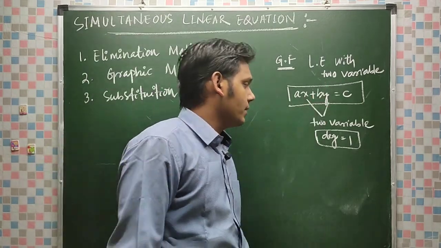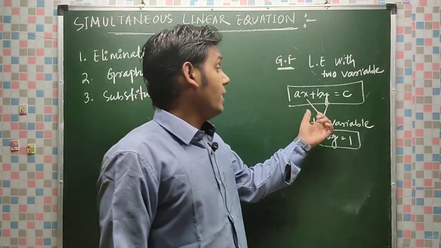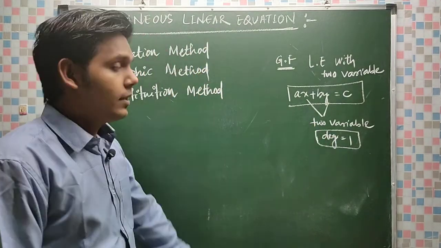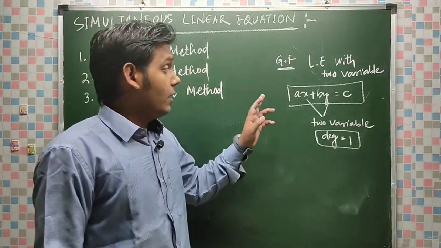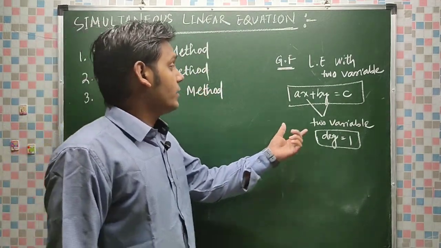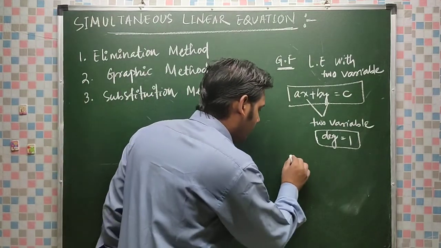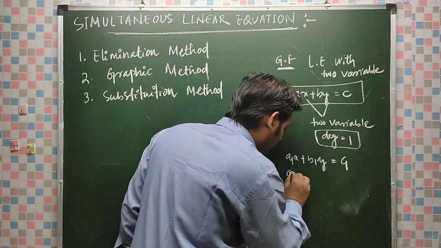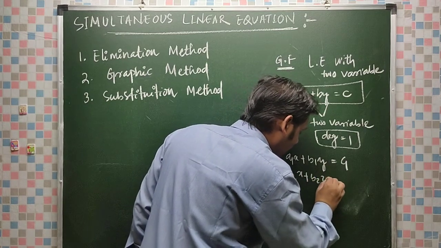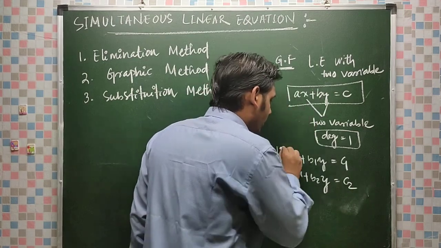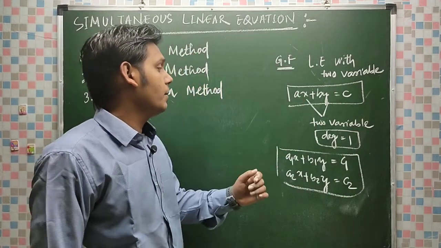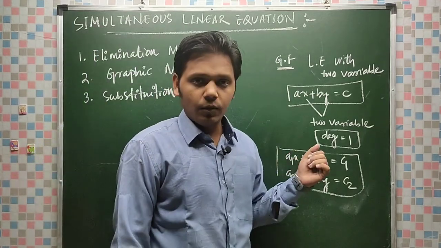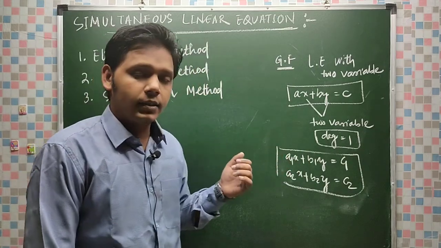Here x and y, two variables are there, and a pair of linear equation with two variables is called the simultaneous linear equation. That means a1x plus b1y is equals c1, a2x plus b2y is equals c2. If we have two variables and only one equation, it will be inconvenient to calculate the values of x and y.